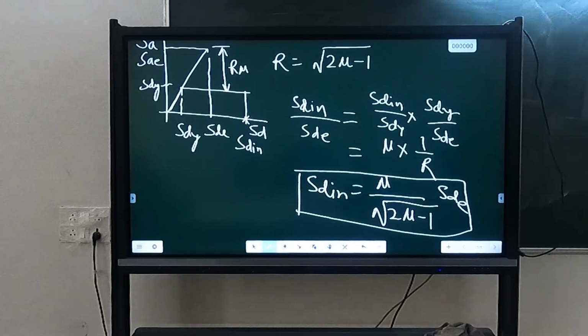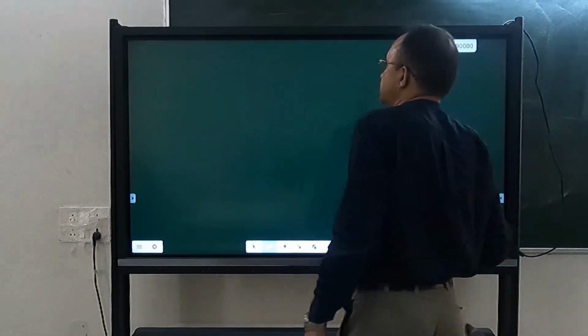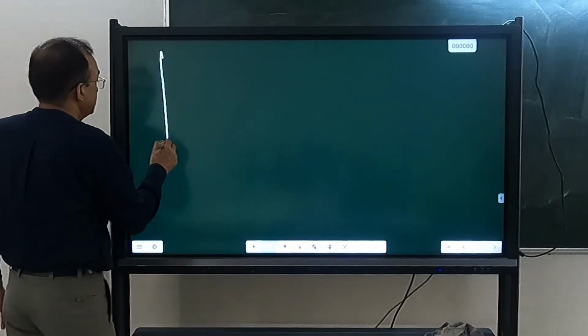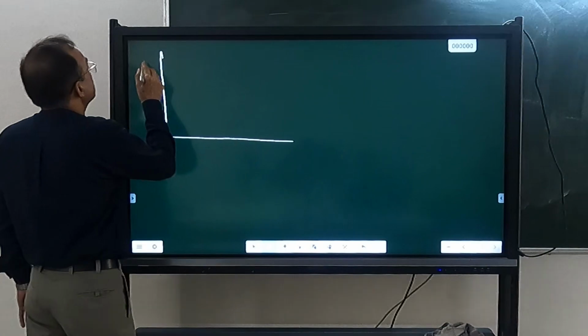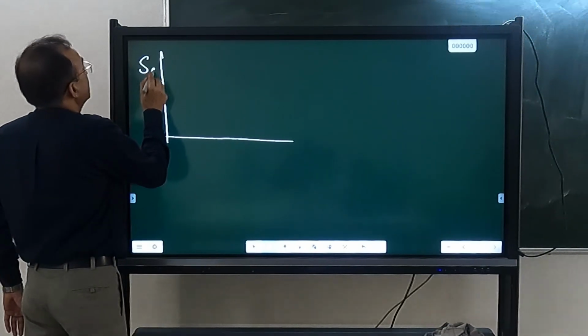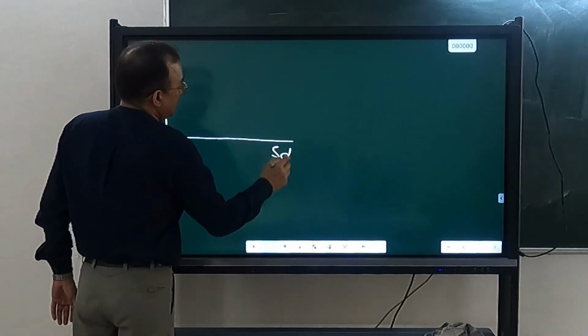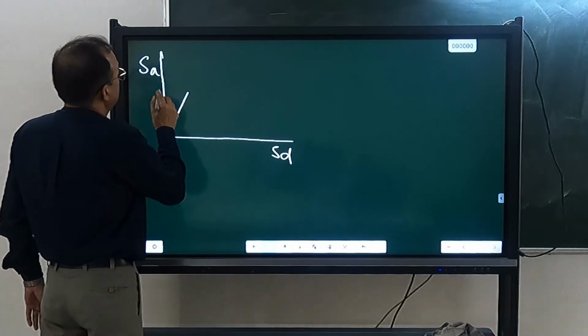In the second question we are given a three-story building, mass was given. So first we have to obtain, let us say, SA versus SD or SB versus delta.